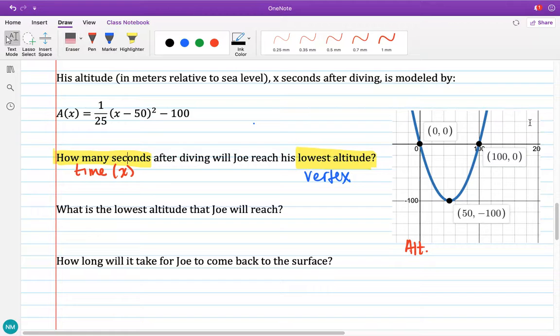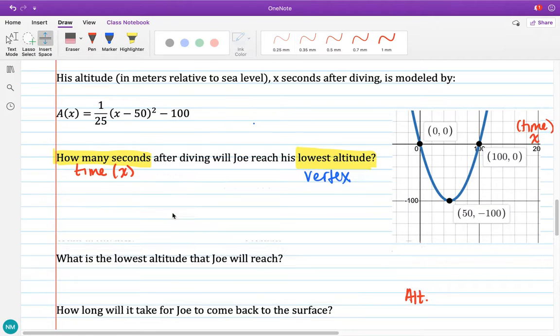So actually, this is technically X, which is time. And because we're dealing with time, we are going to find the X value of the vertex. Our vertex is already given, but we could have found it easily from our function, right?